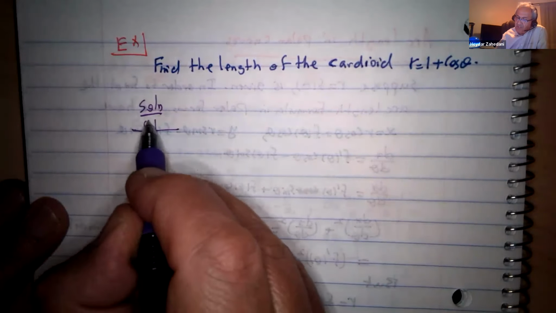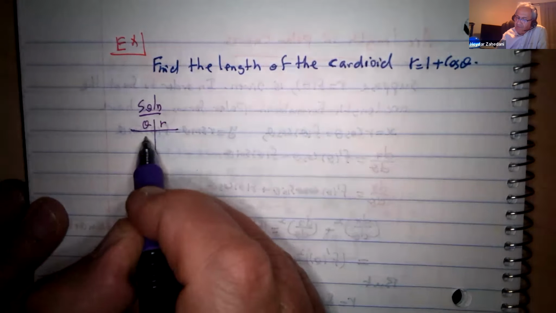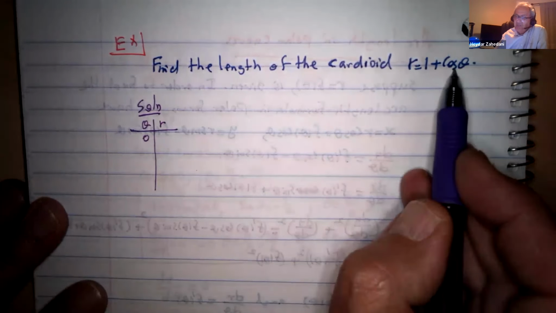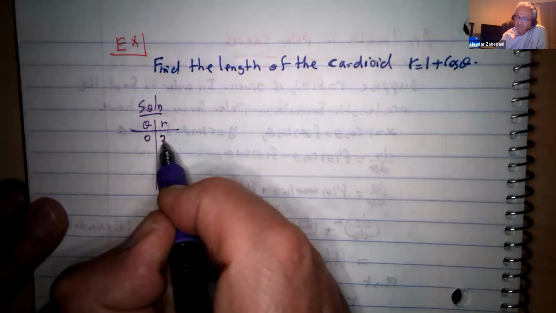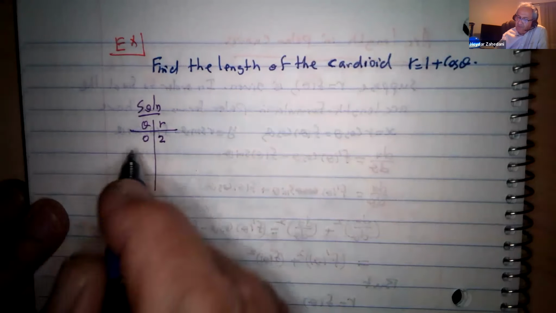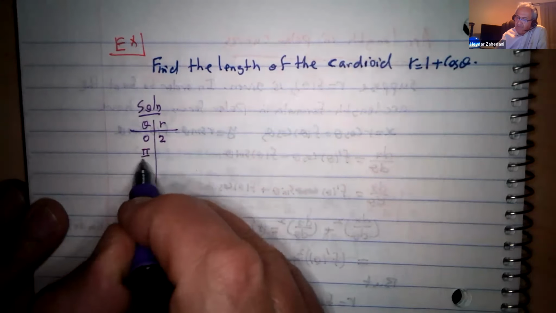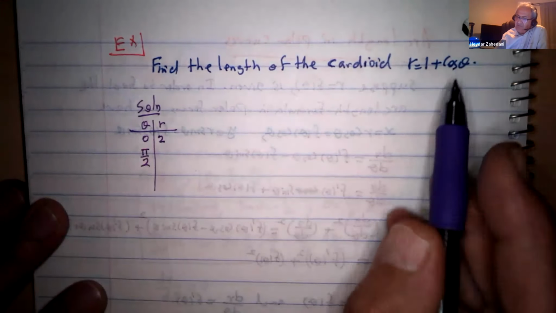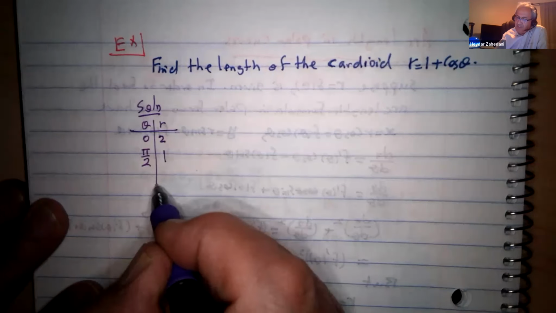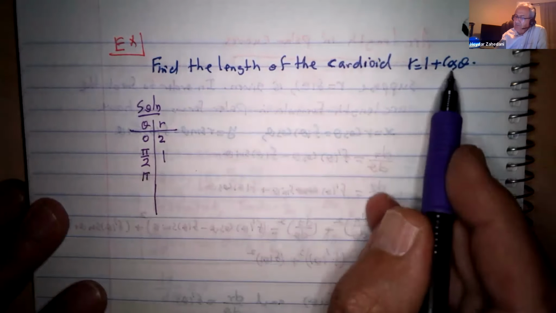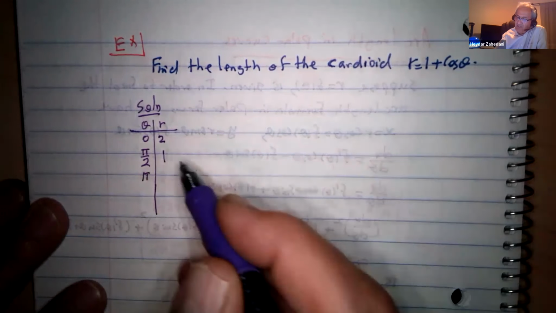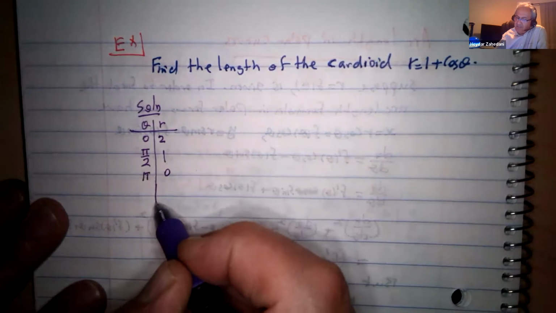So that's going to be the theta and the r. Replace theta by 0. Cosine of 0 is 1, so that gives you 2. If you replace it by pi half, cosine of pi half is 0, so that gives you 1. If you replace it by pi, cosine of pi is -1, so that gives you 0.